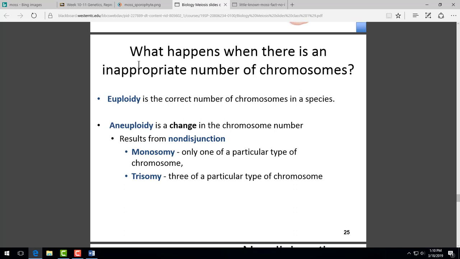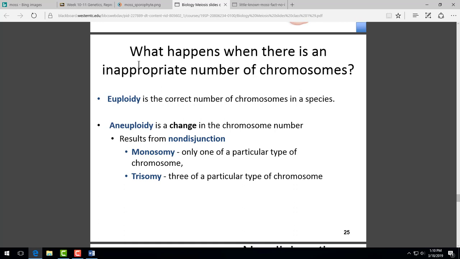Aneuploidy means there is some change in chromosome number. And what do we know if there's a change in chromosome number? It changes the organism significantly. In some cases, it's just an extra chromosome, maybe in a cell that we have enough information to create the individual, but that extra chromosome or that missing chromosome causes physical manifestations of that.